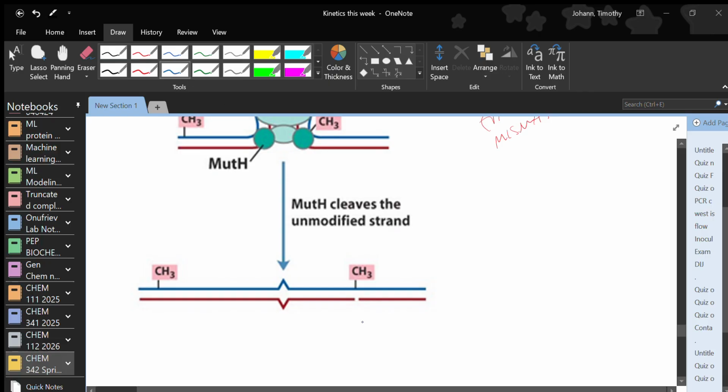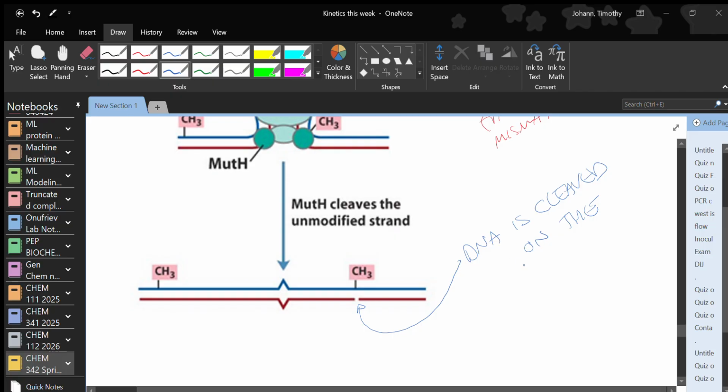So have I used the term nick for DNA before? No. Okay. So DNA is cleaved on the unmodified strand, the one that doesn't have the methyl group.